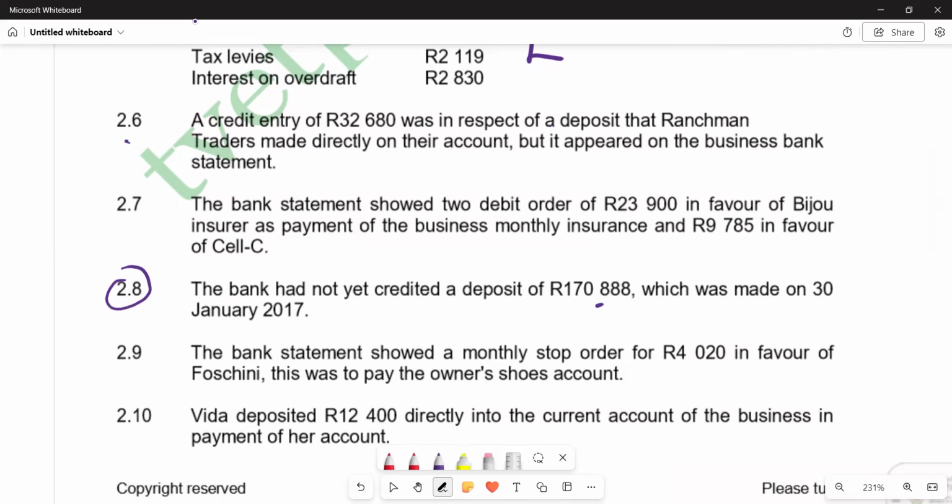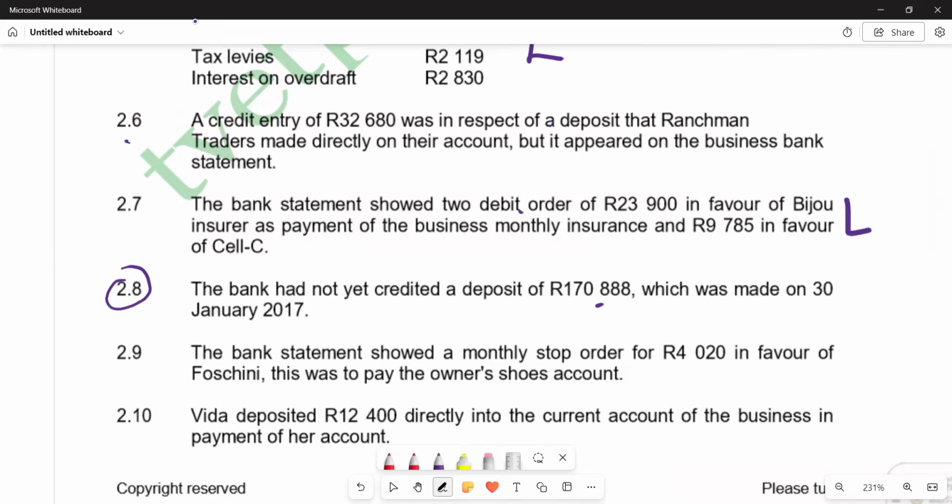So these are debit orders. Remember, debit orders appear on the bank statement first before they appear in the cash book. So what does it mean? It means the bank statement is correct, but it's only that the cash book needs to be updated by putting these debit orders on the credit side of the bank account in the ledger, or put them under the cash payment journal. So this one is an error that is corrected in the ledger.